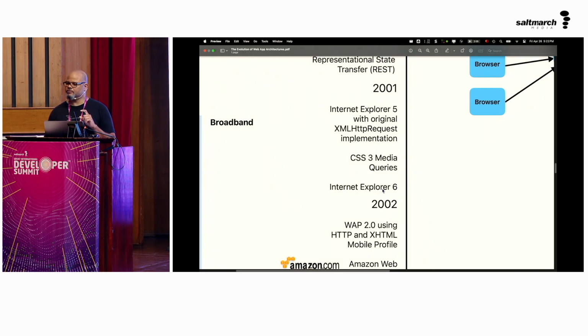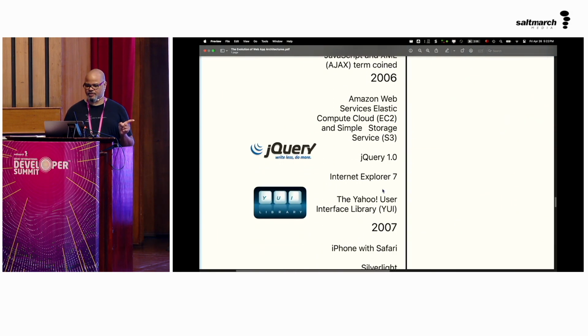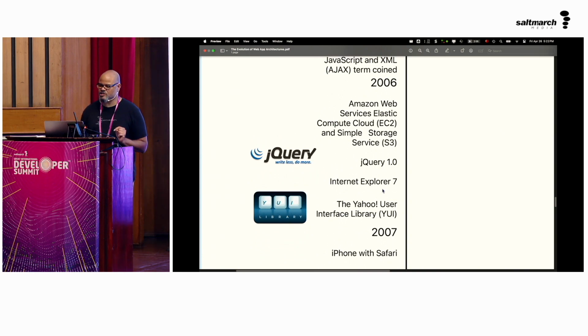So 2001 was when Internet Explorer 6 came out, and then 2006 is when Internet Explorer 7 came out. So we basically had 5 years of stagnation because at that time, Microsoft had the lion's share of the market for web browsers. And so you get your Windows machine, you launch a web browser, it's Internet Explorer, you thought that's what you were supposed to use, right?